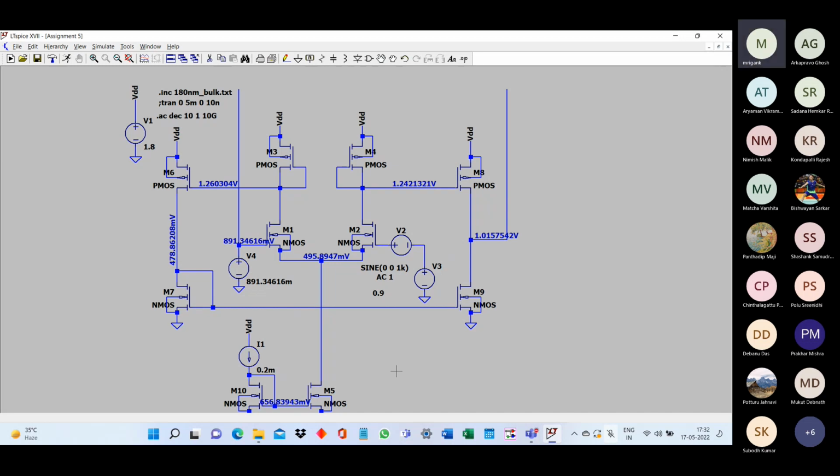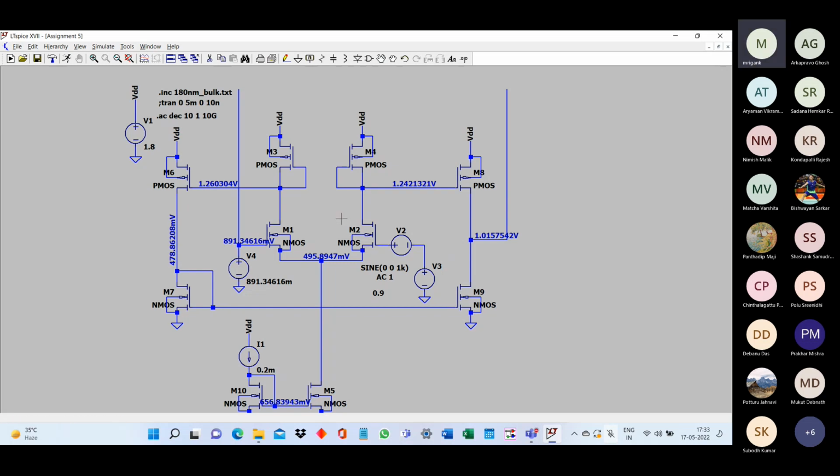Because we have increased the current, and as a result the VSG of M4, M3 has increased, and that is forcing the increase of the VSG of M8. Now, in order to maintain the same current provided by M9, because the current in M9 is trying to remain the same, the VDS of M9 must increase, right? So therefore the drain voltage is going up.